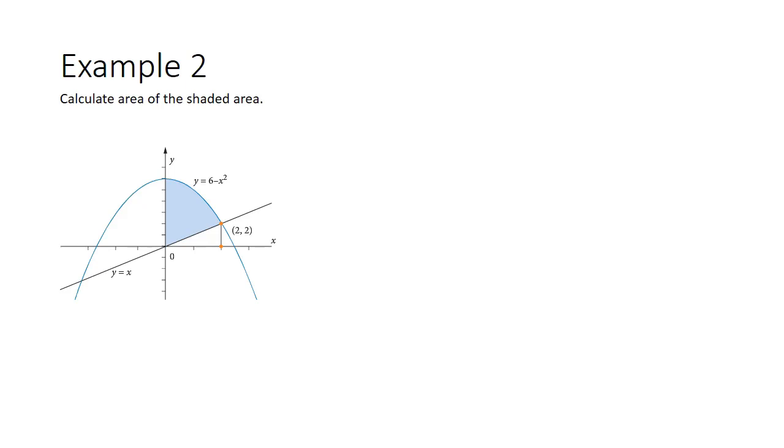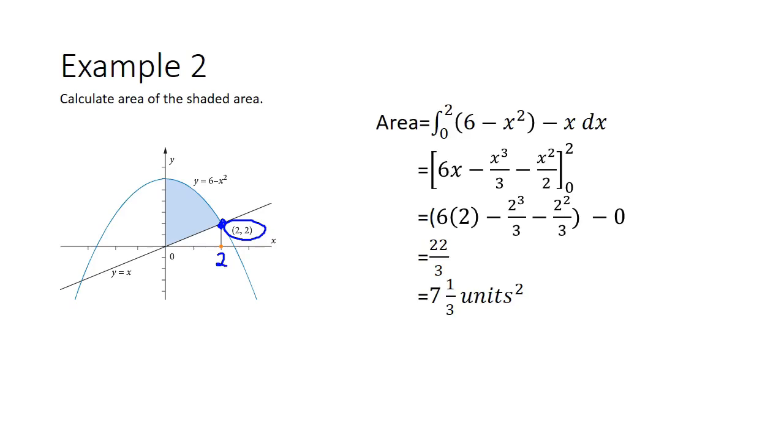In this example, in order to find the shaded area, we need the intersection point between the curve and the straight line. The intersection point is here, and the coordinate is given as (2, 2). So the x coordinate is 2. We can now find the area of the shaded region by finding the definite integral of 6 minus x squared minus x from 0 to 2 with respect to x.